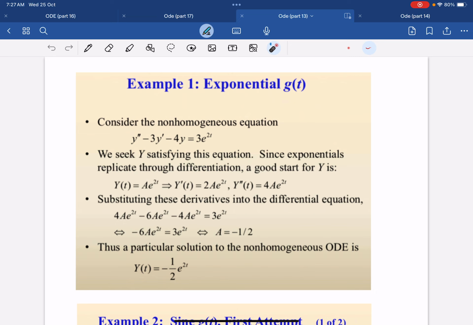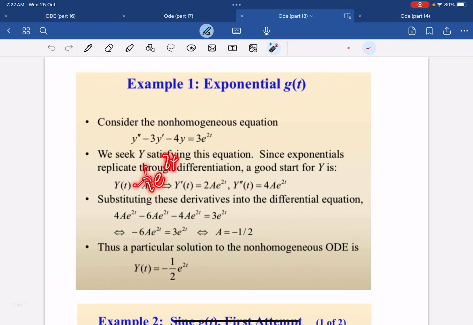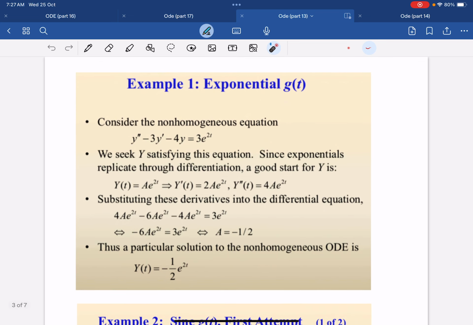When we substitute this in and solve, we obtain a possible solution for A, which is minus half. So this shows that minus half e to the t satisfies this non-homogeneous equation and is thus a particular solution. I hope it's not too hard to see how we choose the particular solution for an exponential case. Basically, you just choose a solution that looks like the function g(t).